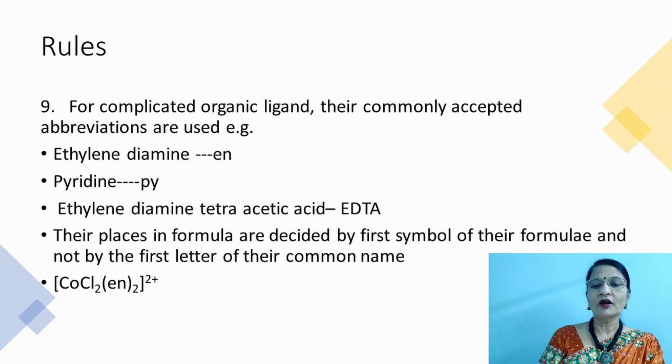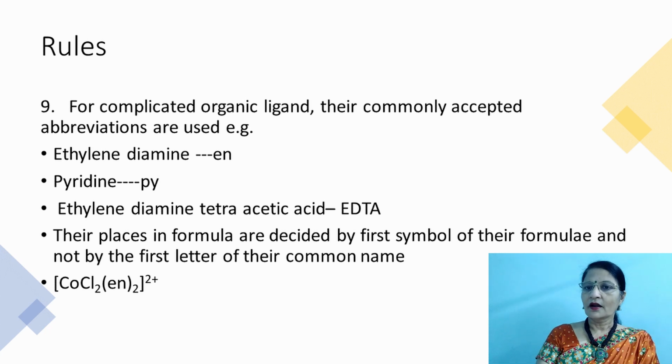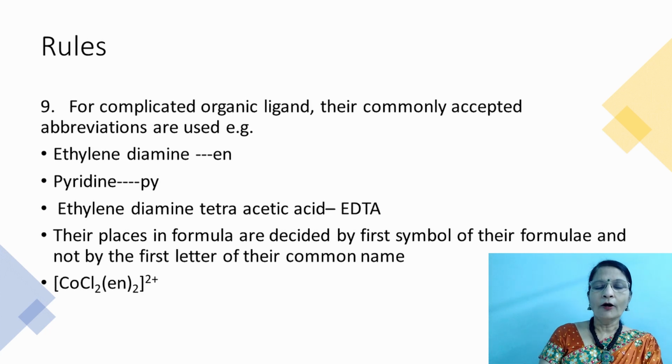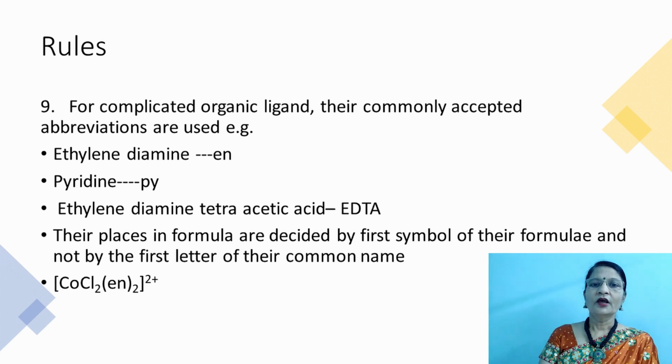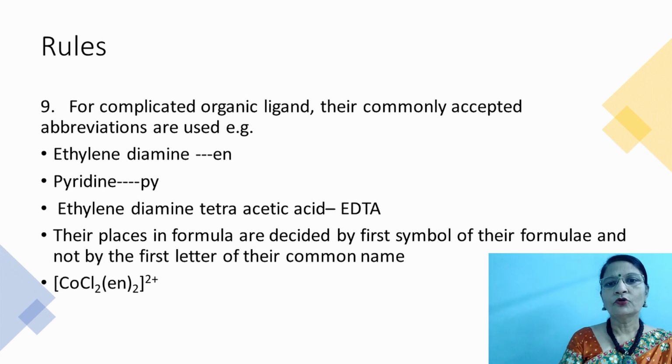These abbreviations are used in writing the formula of the complex, and again the order is decided in the same manner on the basis of the alphabetical order of the first symbol of the formula and not the name of that compound. For [CoCl2(en)2]+, Cl, chloro, is a negative ligand, so it is followed by the neutral ligand ethylenediamine. C comes first, then E, so the formula is [CoCl2(en)2]+.